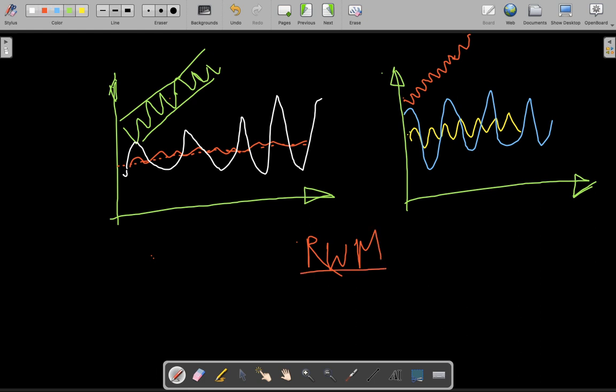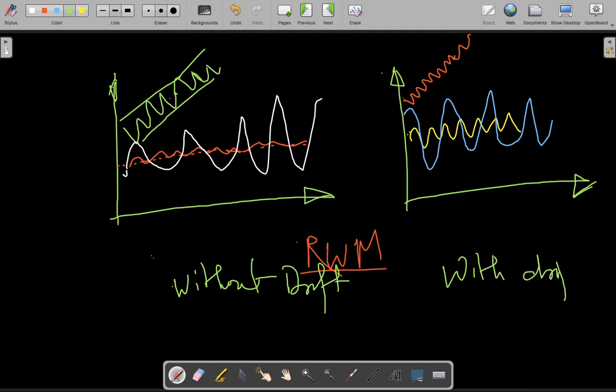First, let me write without drift, and another with drift. And I had two parameters: one was the mean and the other was the variance.